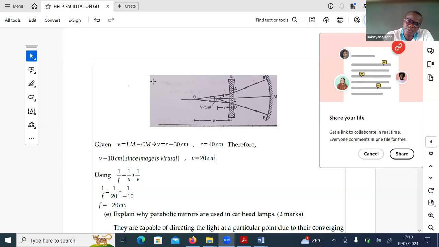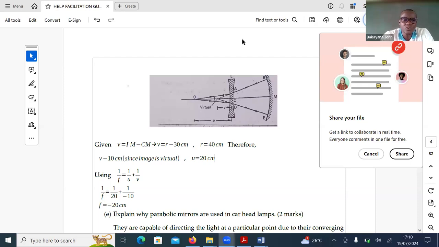Any question? Okay, we'll continue. So this experiment is not so much different from the one we have seen above, because we see that in both experiments, we have a point where the object and image coincide.